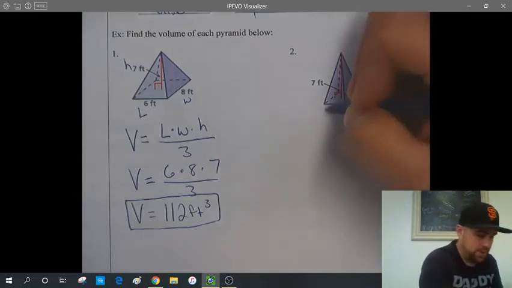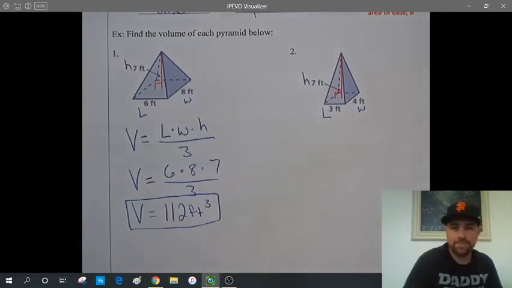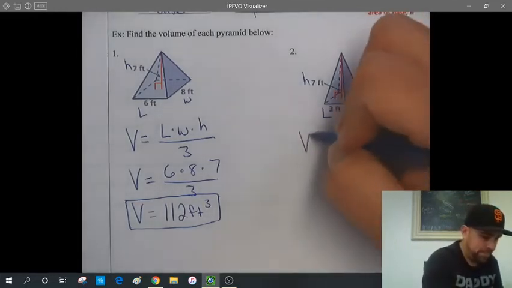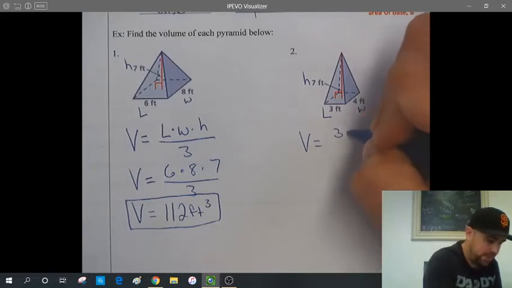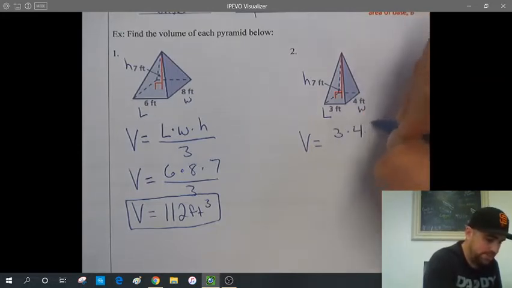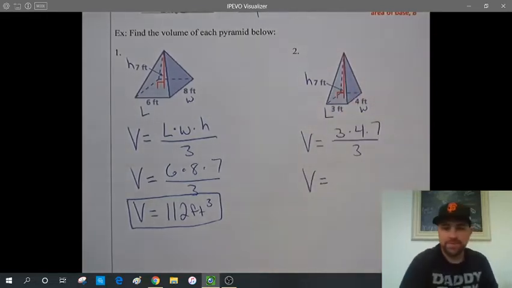Okay, number 2, same idea. Call that the length. This is the width, not the height. Multiply the 3 together: 3 times 4 times 7. Divide that by 3.